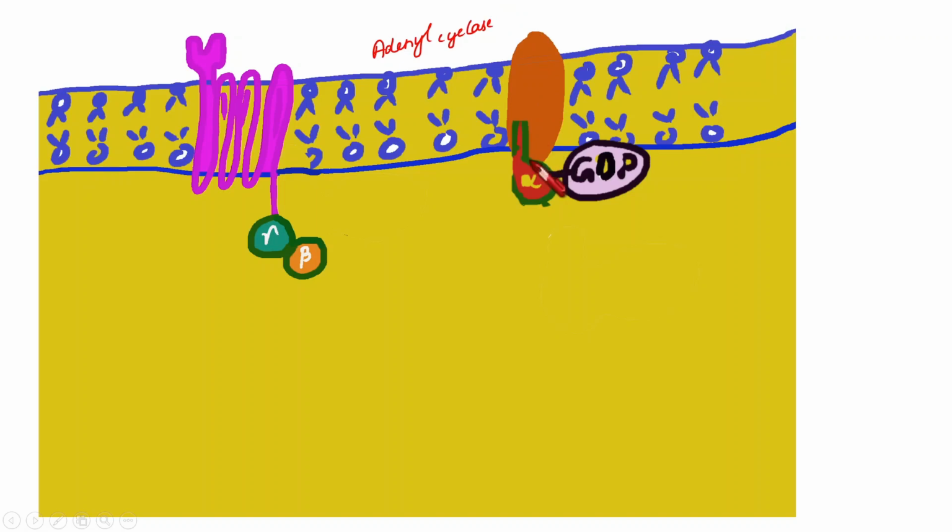As it binds that effector protein, it converts ATP to cyclic AMP, cyclic adenosyl monophosphate. And what is cAMP doing next?